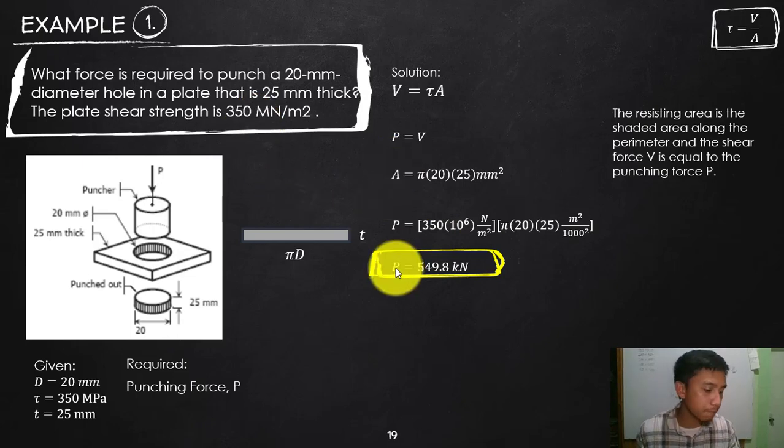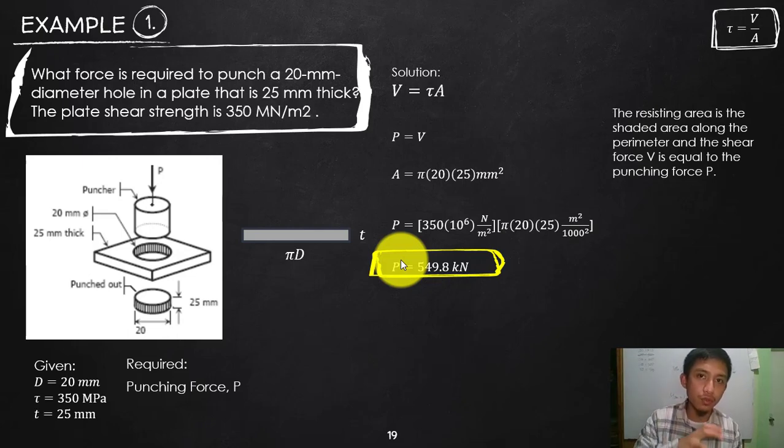Therefore, what does that mean? That in order for us to be able to punch that size of a hole on the plate, which is 25 mm thick, you need to have at least that amount of P or force that you will apply.